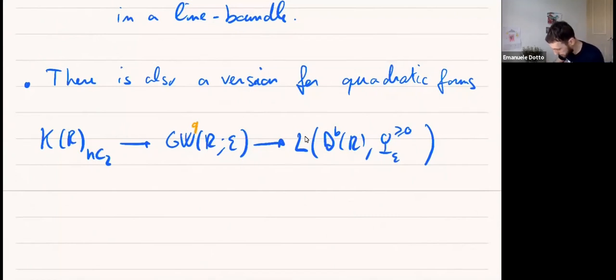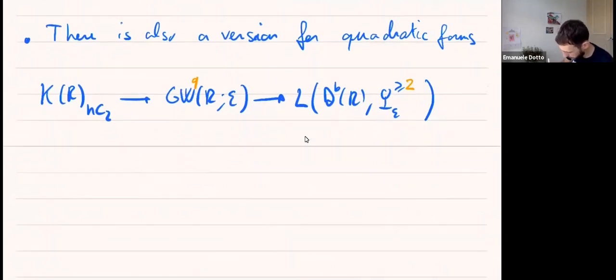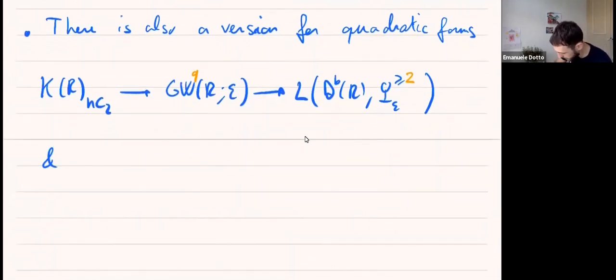And then what you get here as the cofiber is now the L-groups you get for the Poincaré structure greater or equal to 2. And the funny thing is that this is related to the symmetric one.